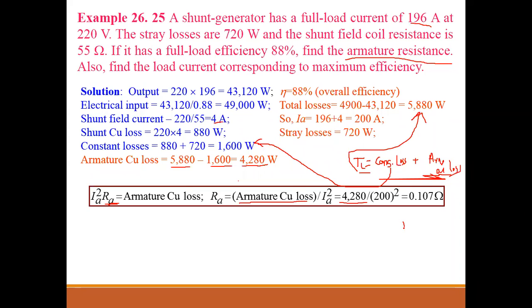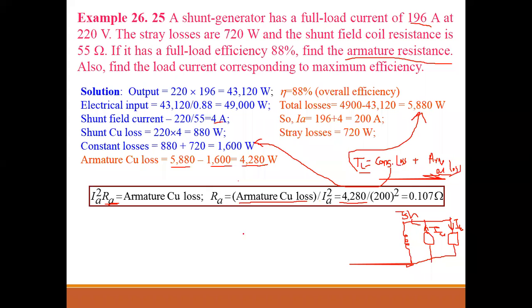As I draw the figure, this is our shunt field coil, this is our armature coil, and this is our load. Okay, any doubt till here? This is our Ia, then this is our IL, and this is our ISH.